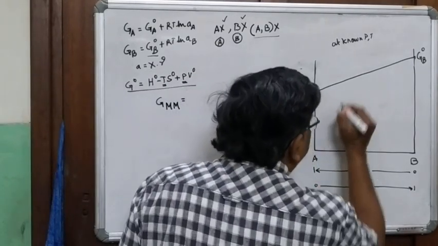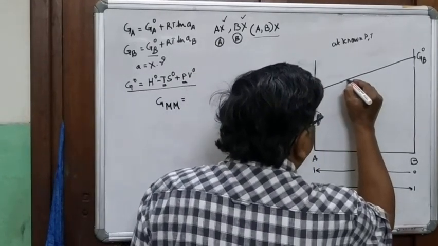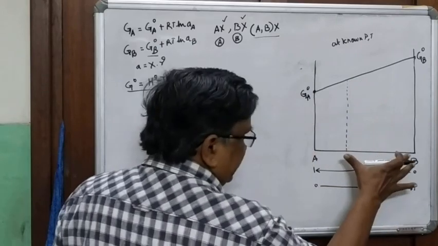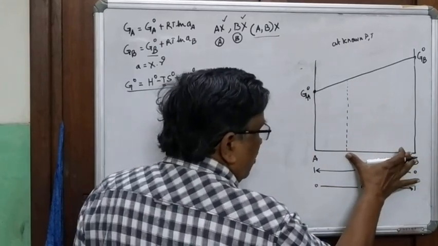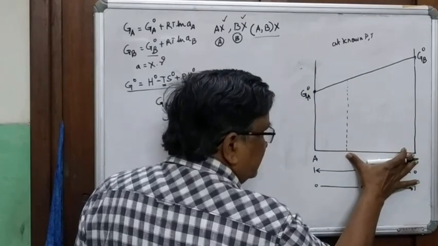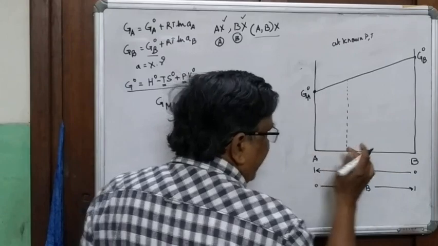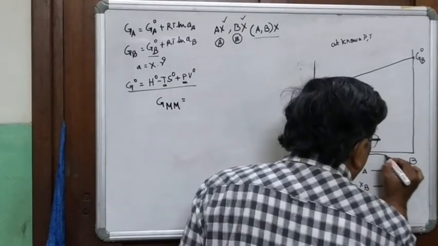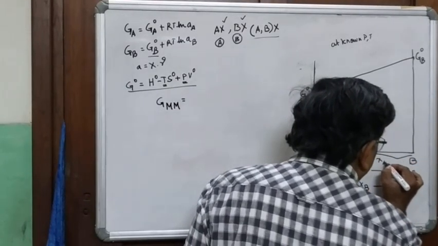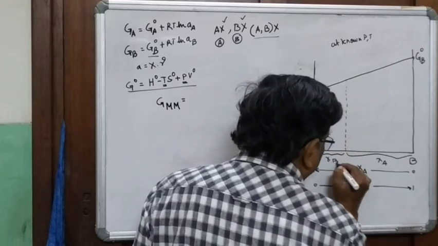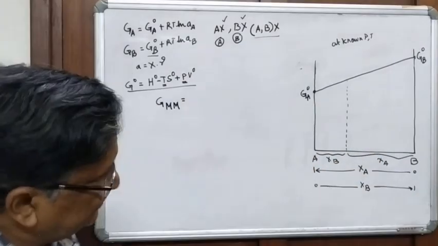At any particular point here, this is the value of XA and this is the value of XB, just as in Lever's rule.